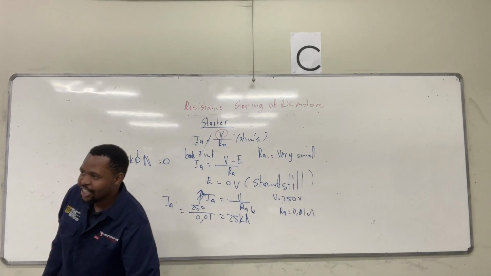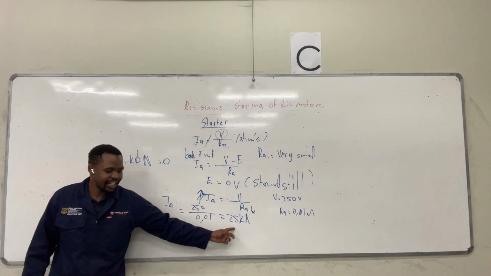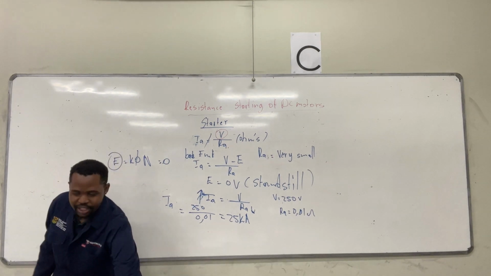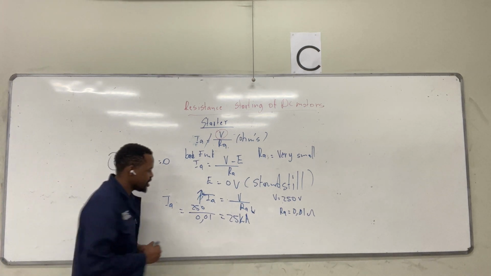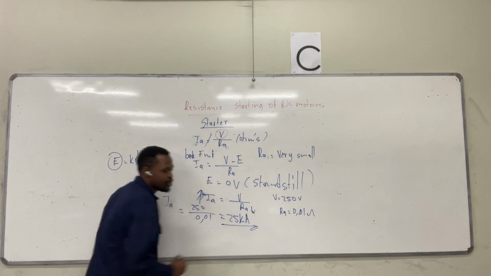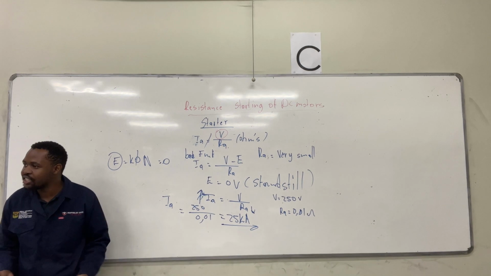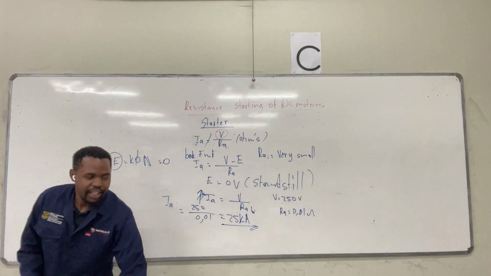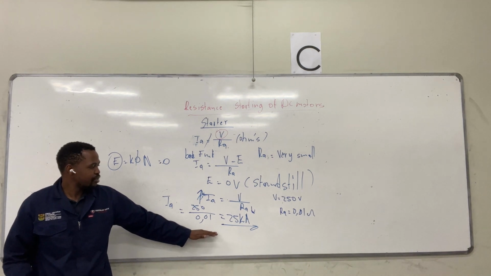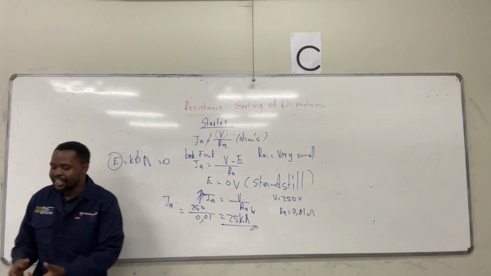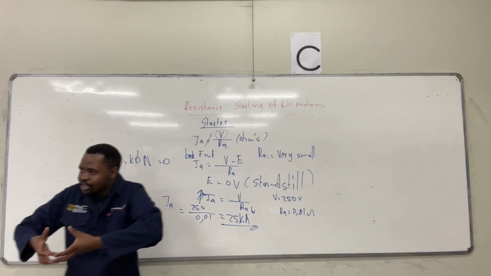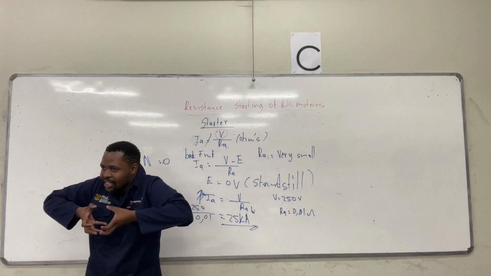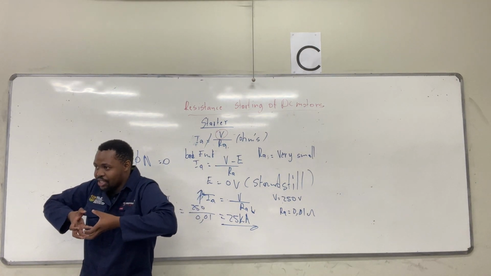Imagine a conductor normally carries a current, but the conductor cannot cope with this amount of current. That would mean the armature conductors would have to be very thick, which is not practical.